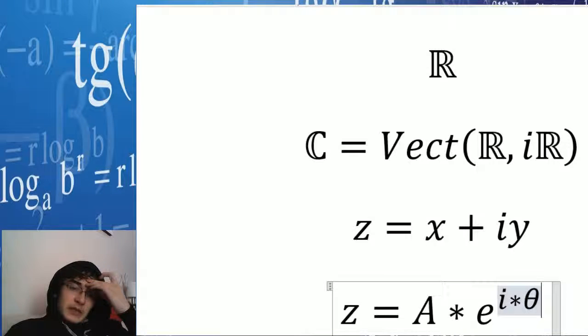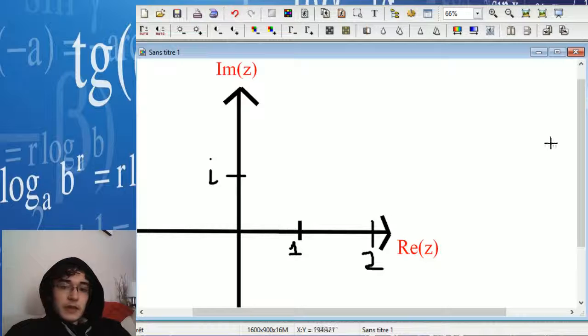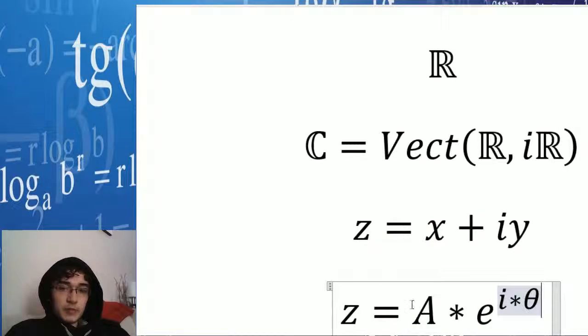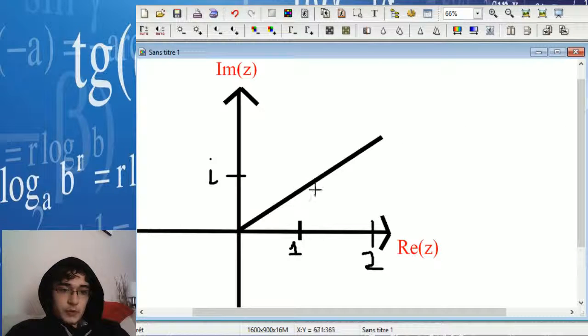Basically, what it means is that you take any line of length a. So you put a, and the angle between the real part and this line will be called theta.